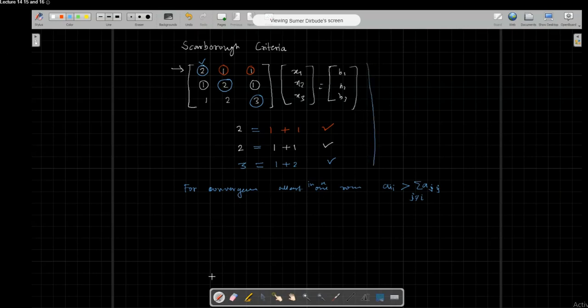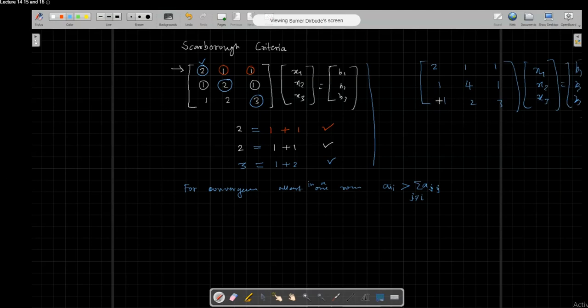But if you have another matrix of this nature, 2, 1, 1; 1, 4, 1; 1, 2, 3, times x1, x2, x3 equals v1, v2, v3.